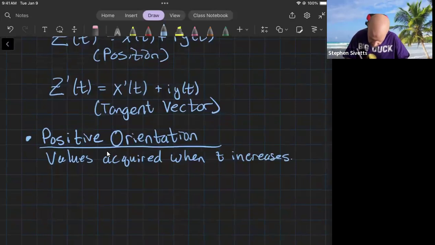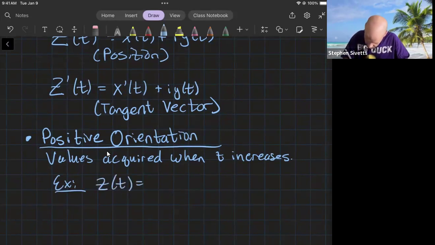All right, so for example, for a circle, just say an example, the parameterization of the unit circle, e to the it, where t is in between 0 and 2 pi, right?